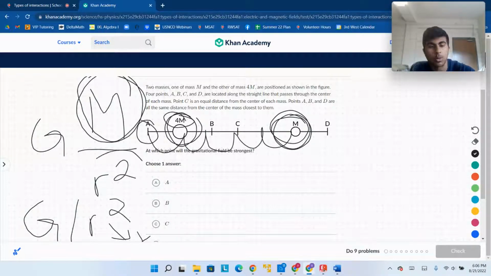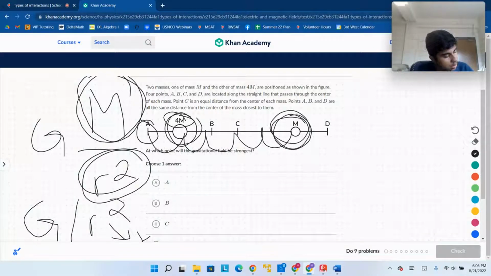That's the r squared right here. So it's going to be something over 25. Since this is just mass m, not 4m, it's just going to be x. Remember, x is that G over r squared. And you're going to add these two because they're both an attractive force, so they're both going in that direction.